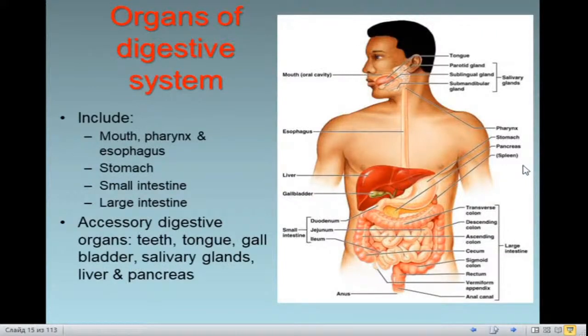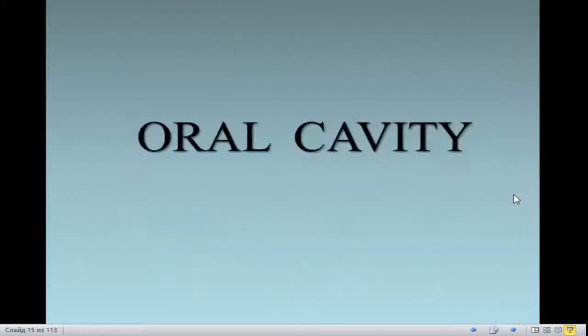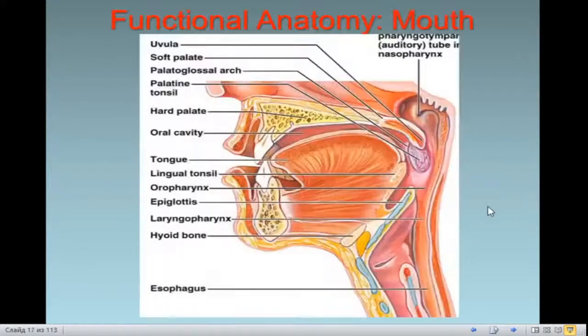And we'll start from the upper portion of the digestive system, the oral cavity. Oral cavity starts from the entrance to it. In Latin, that is the oral slit, called rima oris.